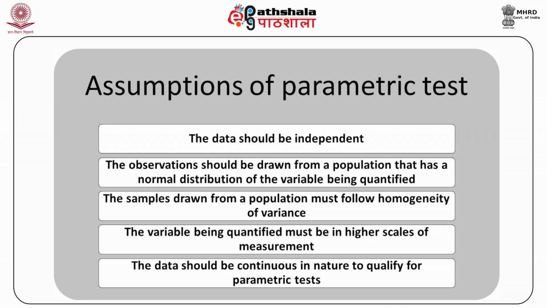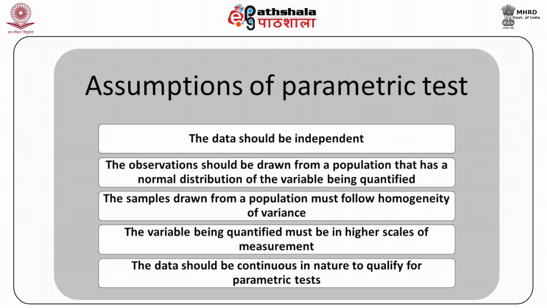The samples drawn from a population must follow homogeneity of variance, that is, samples of a population should have approximately the same variance. There should not be any significant difference in the variances of the samples drawn from a population. This assumption holds more strongly under the circumstances when the sample size is small.